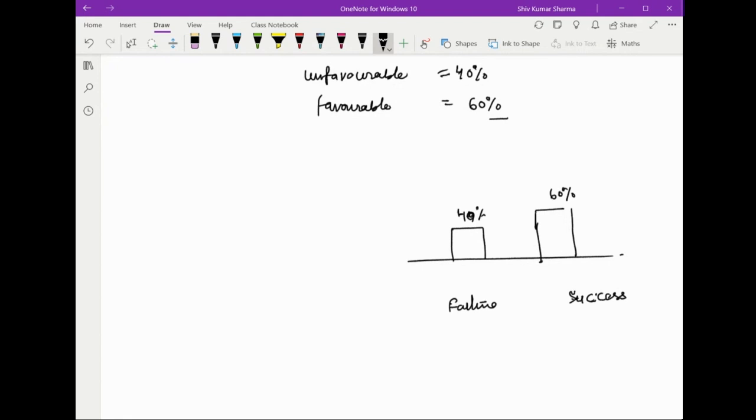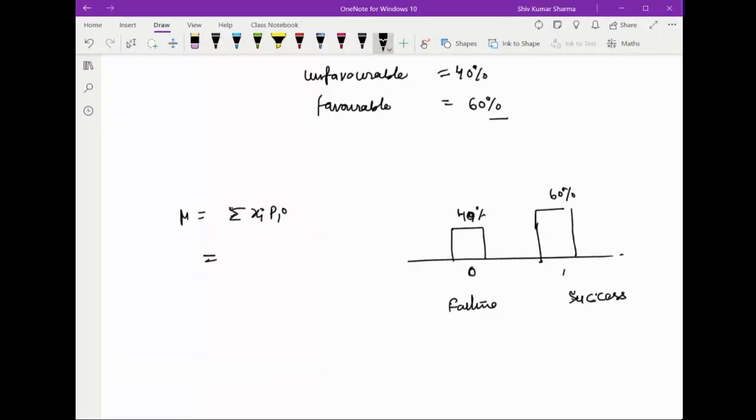For the failure cases we take the random variable x as 0, and for success we take the random variable x as 1. So we calculate the mean. The mean is equal to the summation of xi into pi.